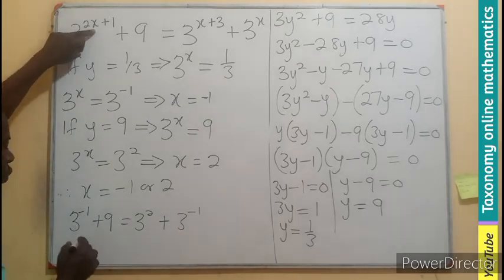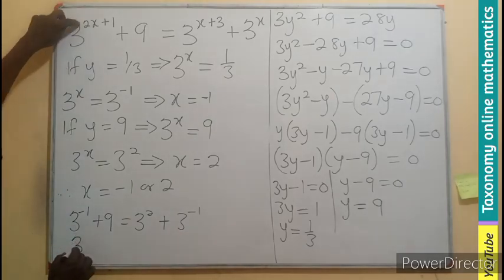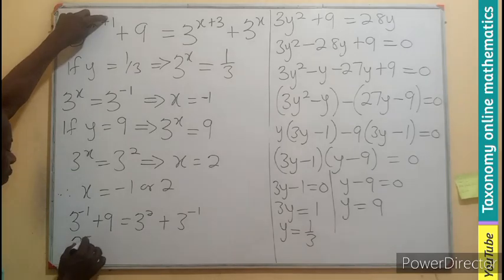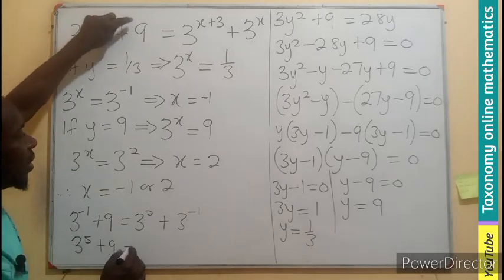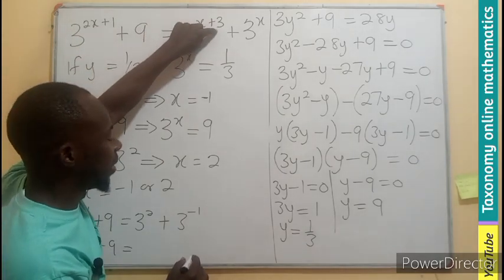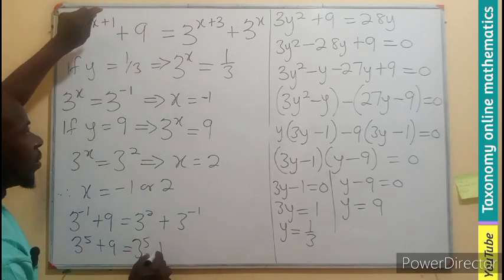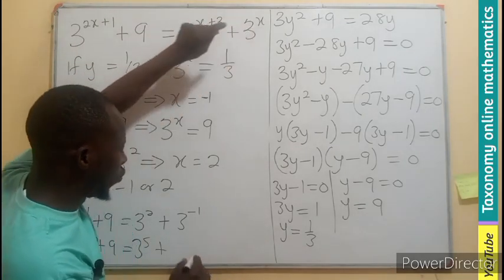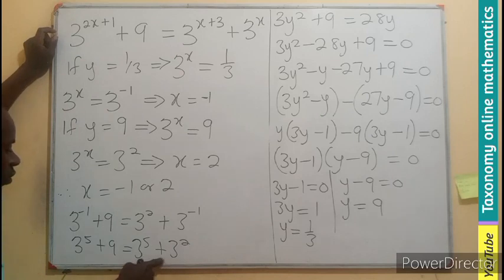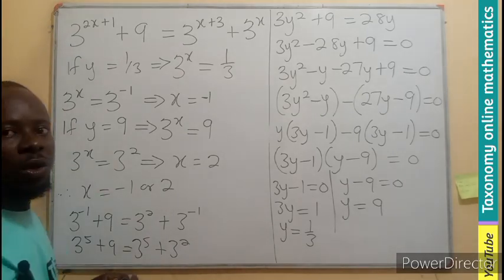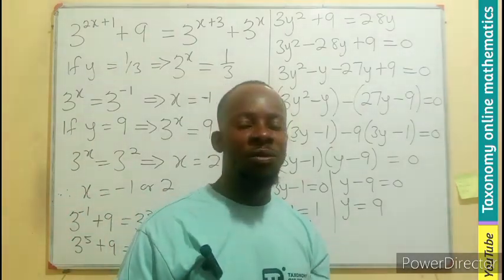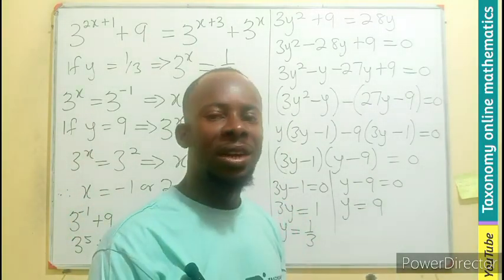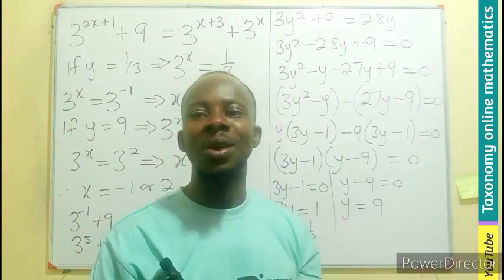If I use 2, it becomes 3 exponent 4 plus 1, 5 plus 9. If I use 2 here, 2 plus 3, 5 plus 3 exponent 2. 3 exponent 2 is 9. 3 exponent 5, 3 exponent 5. So truly the value of x is minus 1 or 2.